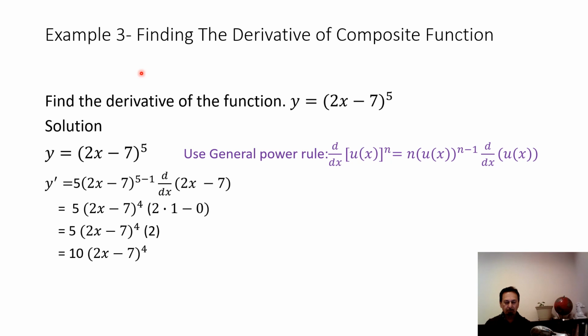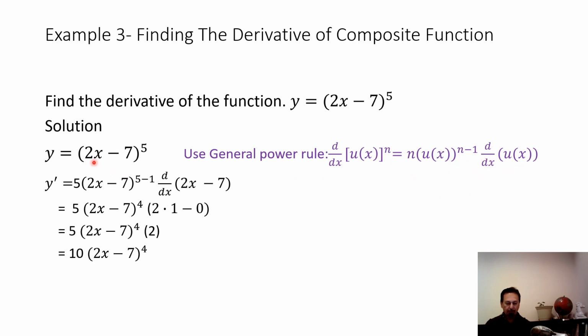Example 3. Find the derivative of the function y equals 2x minus 7 to the power 5. So let's start with y equals 2x minus 7 to the power 5. The general power rule, d over dx of u of x to the n is n times u of x to the n minus 1 times d over dx of u of x.